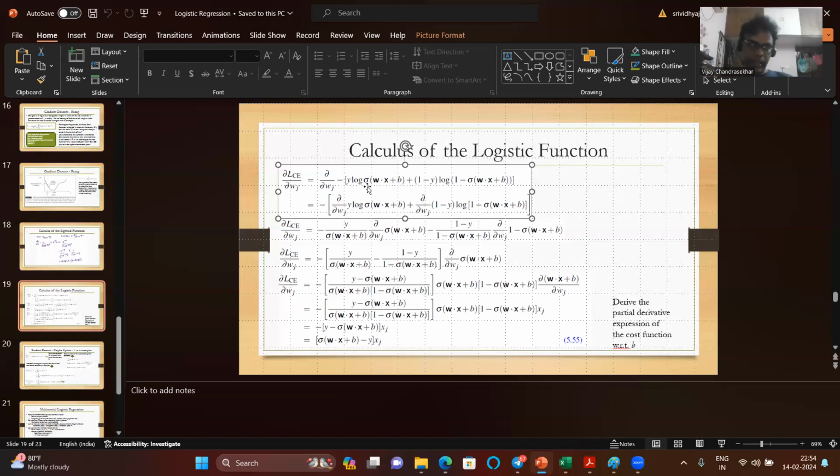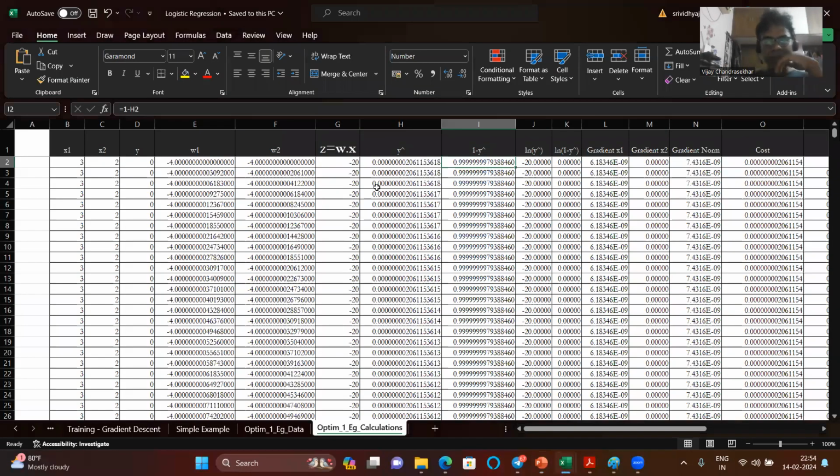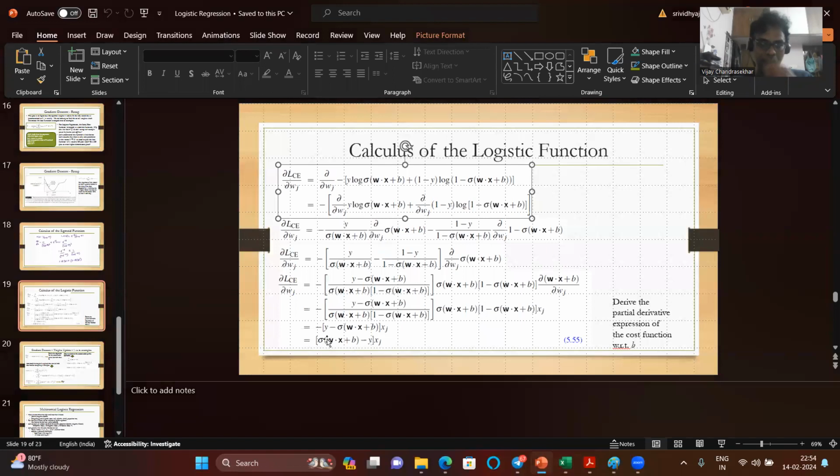But it is not 10, it is e, okay? Fine. So if log is to the base e, we call it ln. So what I've done here is I calculated the ln of y hat and the ln of 1 minus y hat, which is the same as log of y hat and log of 1 minus y hat. Okay. Now let's look at the gradient here.